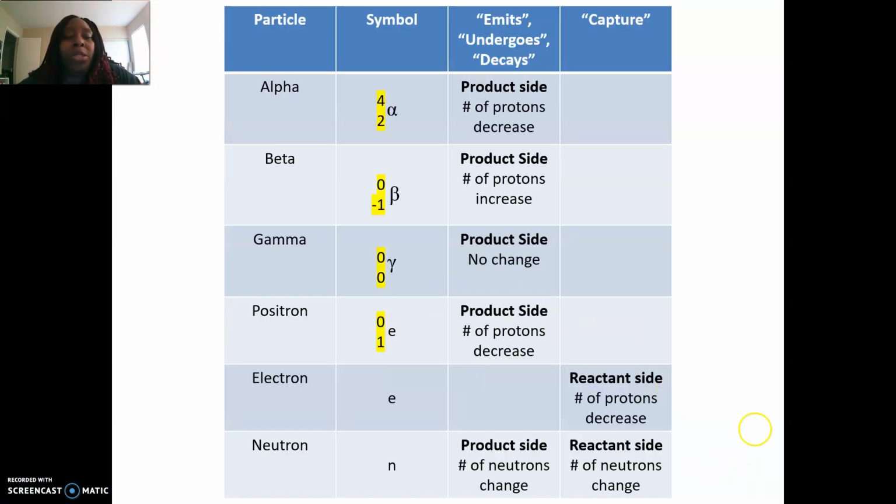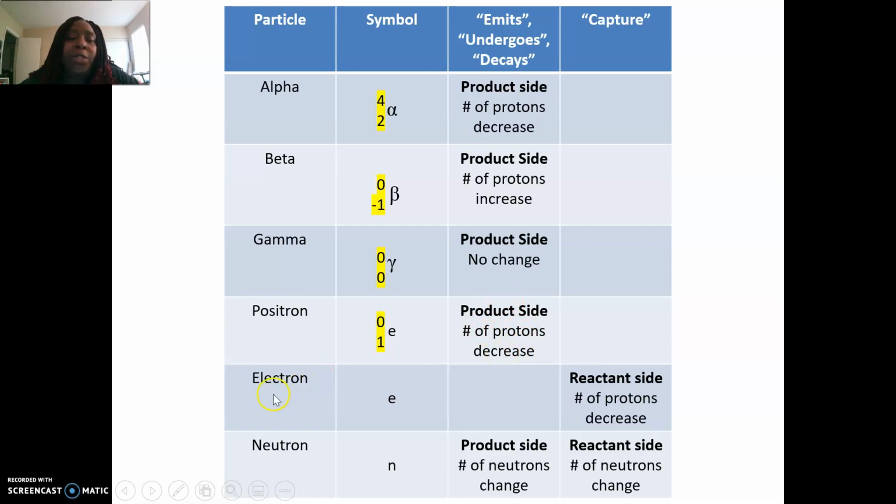In terms of a positron, the symbol that you're going to use in your equation is a lowercase e, and then you're going to have a 0 because it does not contribute to mass, but you're going to have a 1 down here, meaning that it's going to contribute to charge. If it is emitted, undergoes, decays, remember keywords, it's going to be on the product side. The number of protons is going to decrease.